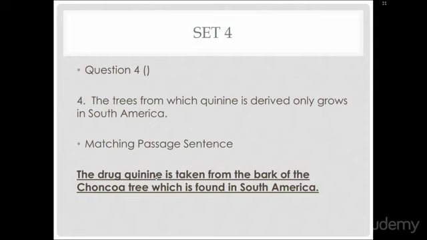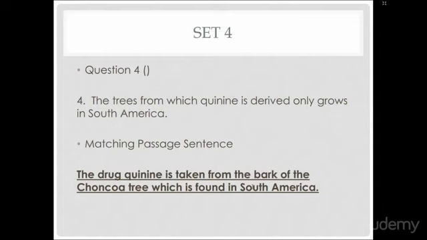All right. Do we have quinine? Yeah, we have that. Do we have South America? Yes. All right. Now, derived is a synonym for found. However, we're missing something. In the passage sentence, it doesn't say that it only grows in South America.